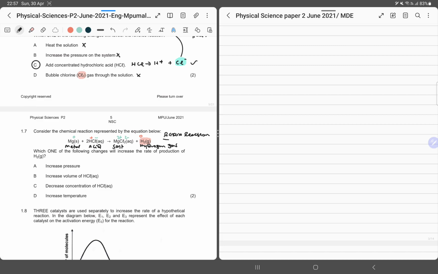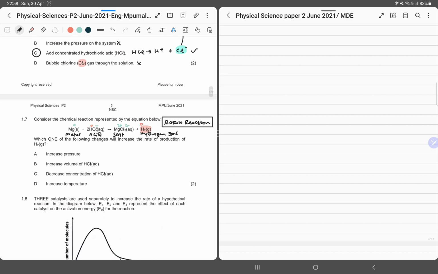Be able to inspect these things and understand exactly what you're dealing with. Yes, it's nice to get the answers quick, but it is more important to understand what's going on. So this is not an acid-base reaction. It's a redox reaction. Sometimes you may be hit with that as the question at hand.